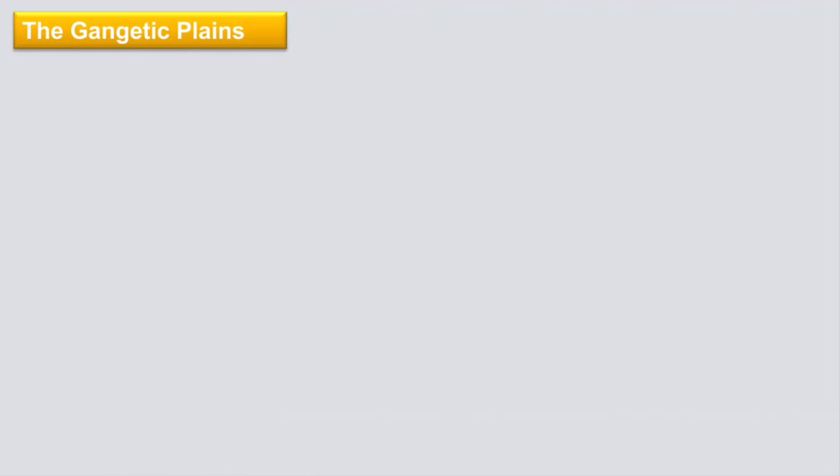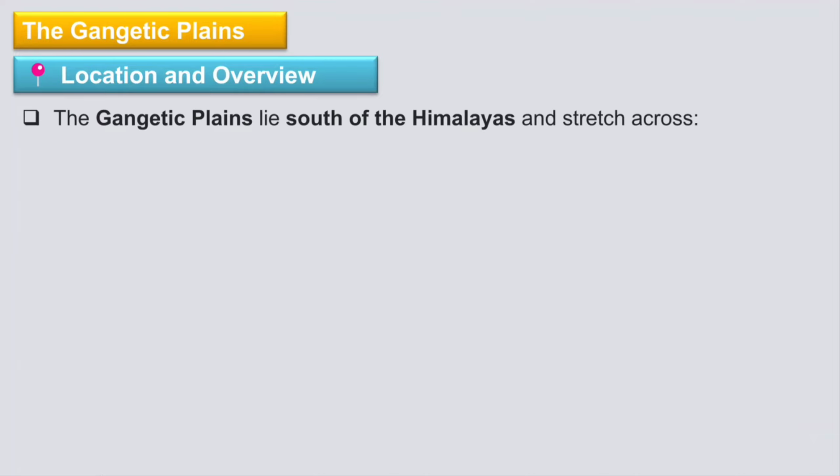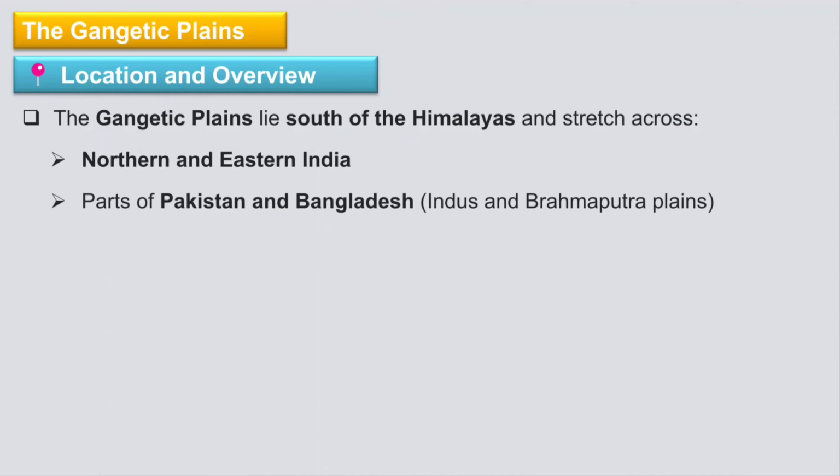So now let us move to the Gangetic Plains. The location and overview: the Gangetic Plain lies south of the Himalayas, the southern part of the Himalayas, and stretches across northern and eastern India, and parts of Pakistan and Bangladesh, the Indus and Brahmaputra plains.